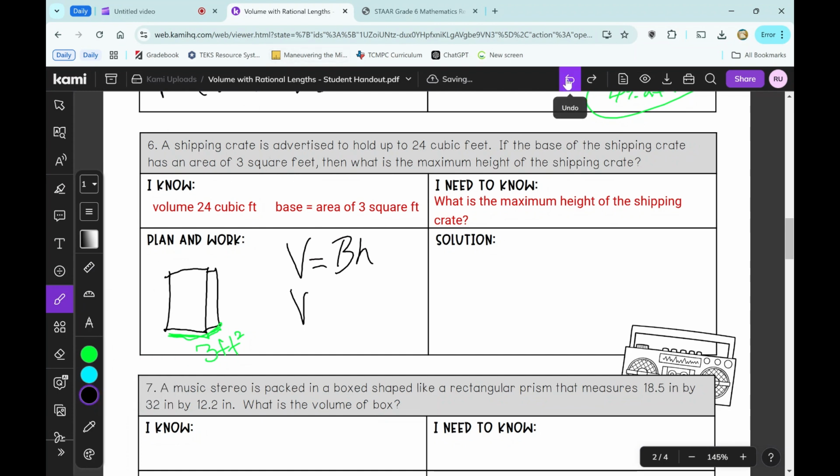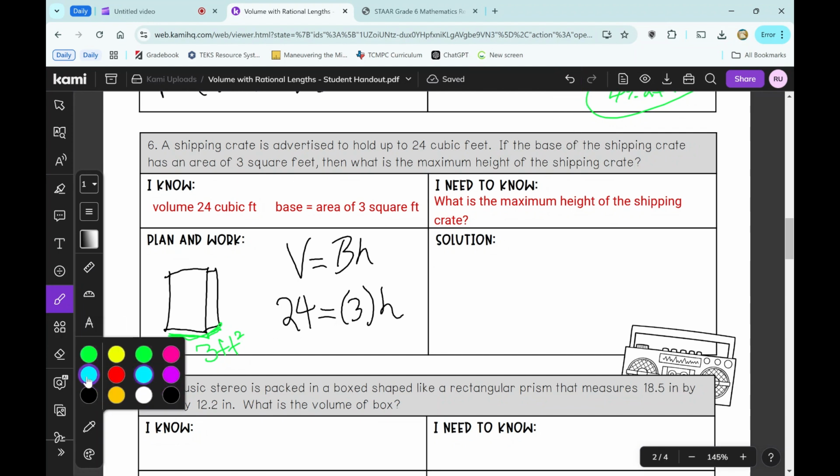Instead of writing volume, I'll write the actual number. We already know that the volume is 24 cubic feet. So this is 24 is equal to the base, which is 3, they told us, and then the height. So this is basically a one-step equation. We need to isolate the variable. We don't know what the height is yet, but in order to isolate it, we can divide both sides by 3.